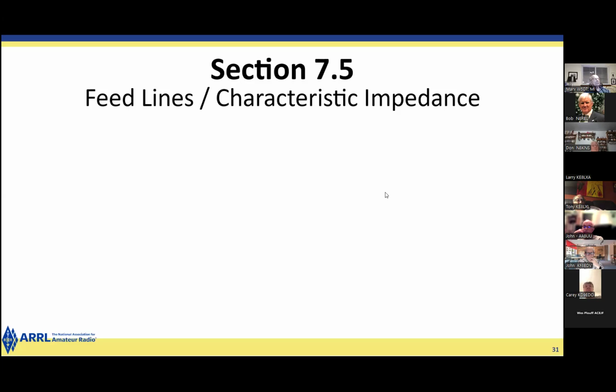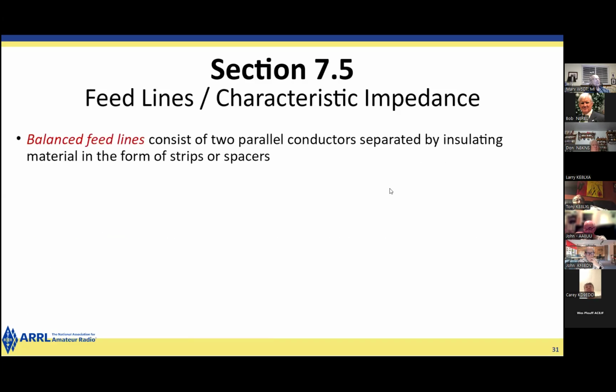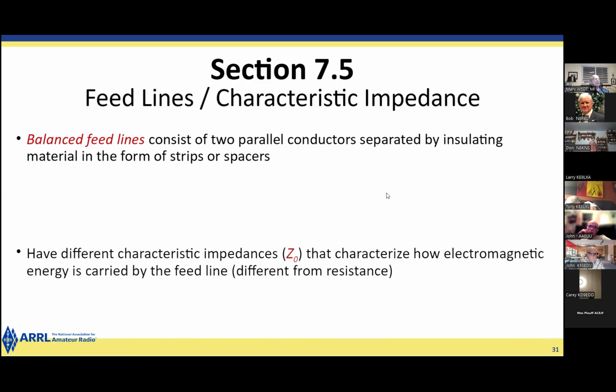Okay, we're going to get into feed lines. We're getting close to the end. Balanced feed lines consist of two parallel conductors separated by insulating material in the form of strips or spacers.